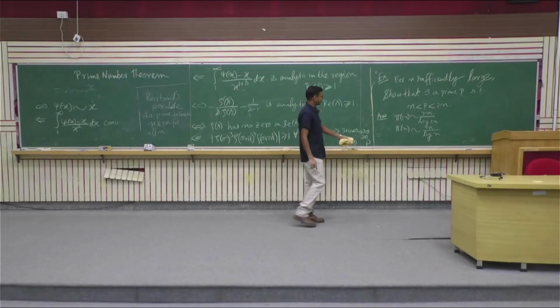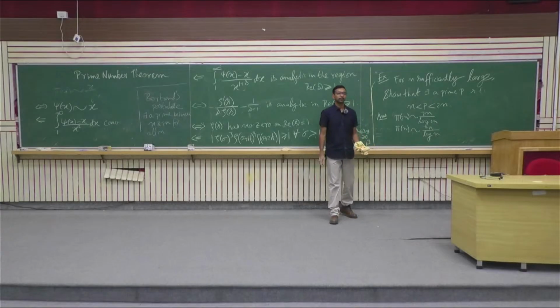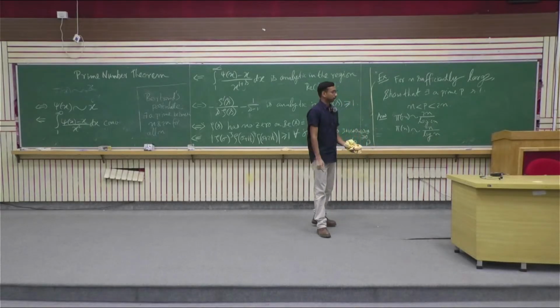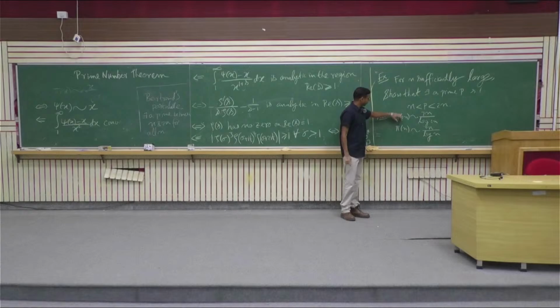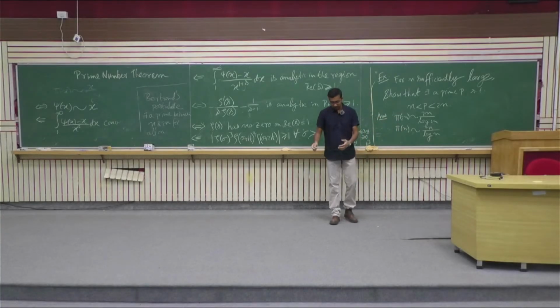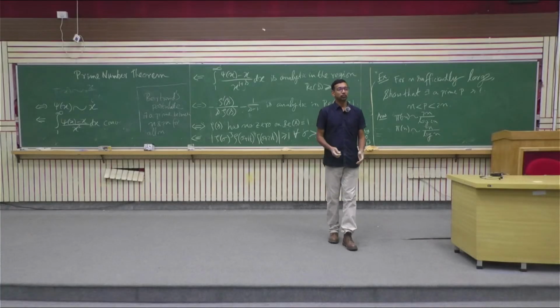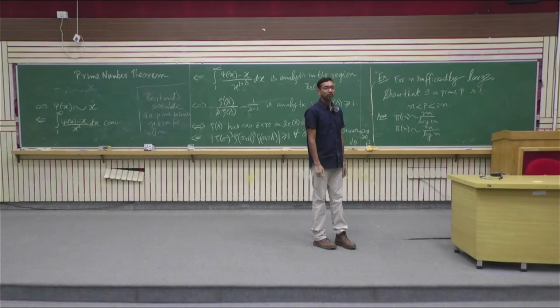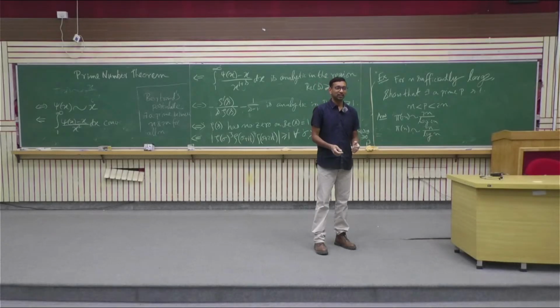But what more? This divided by this, as n goes to infinity, goes to 1. That means the lim inf and lim sup are both 1, right? So you can conclude similar bounds like Chebyshev's, but which are very close to 1, as close as you wish to 1.